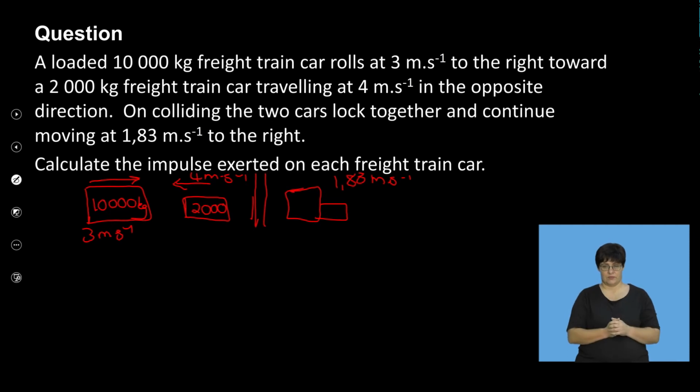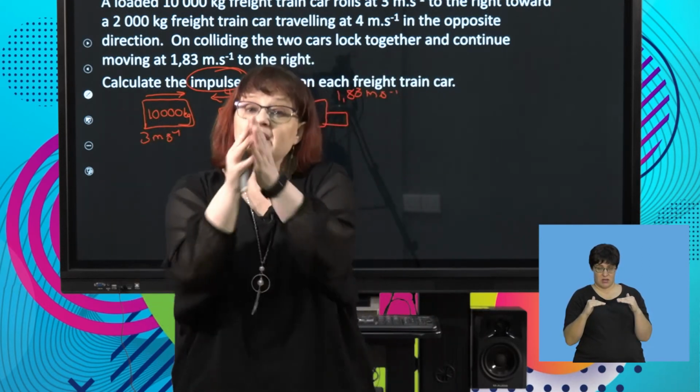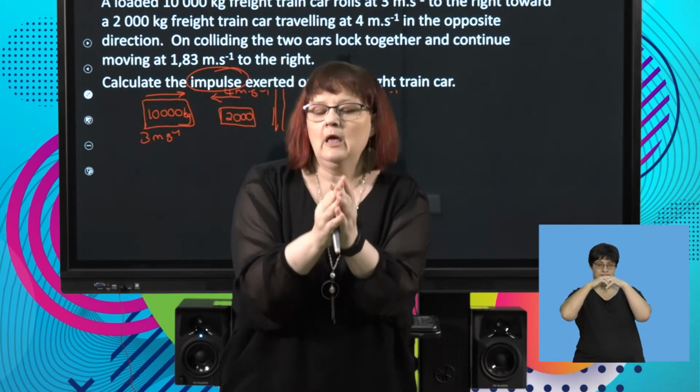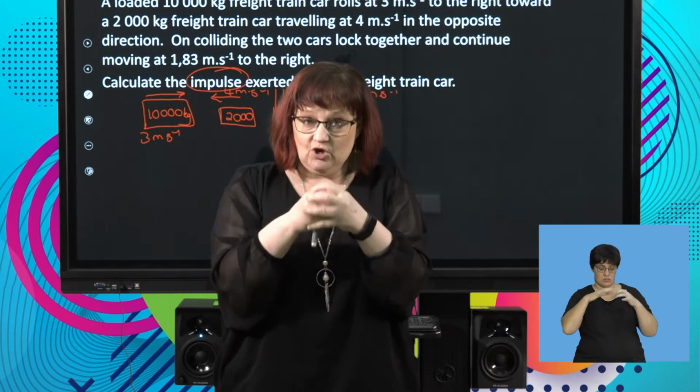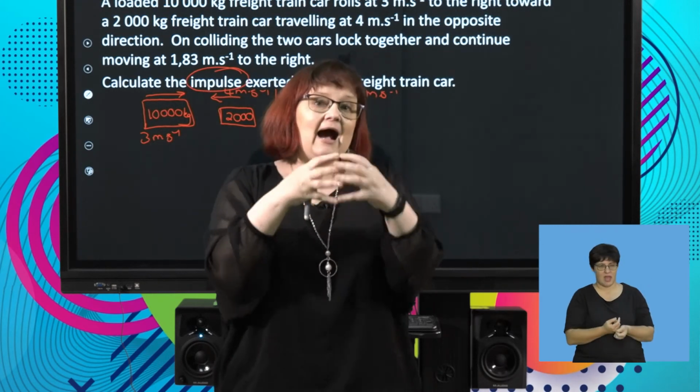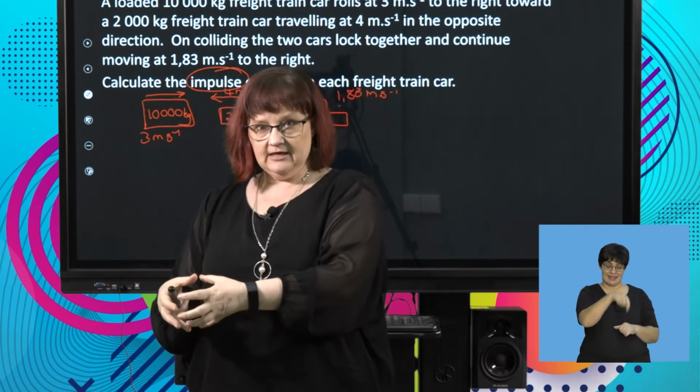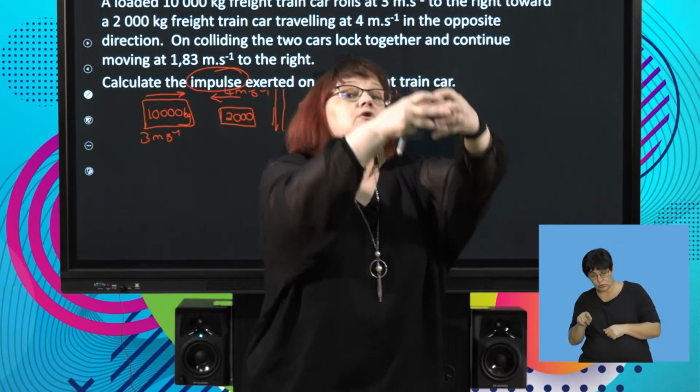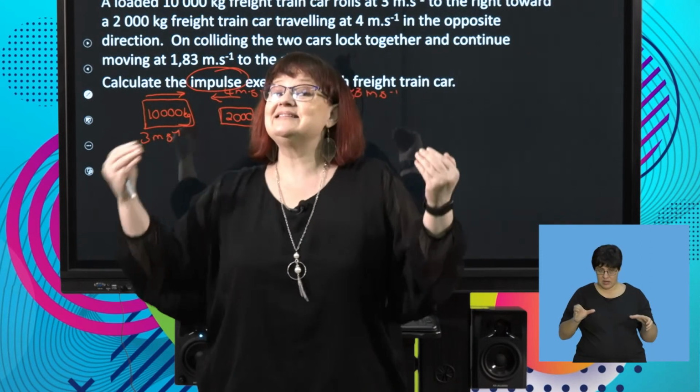Now, I need you to be aware of something. When I calculate the impulse on the freight train cars, I know they stick together, but I'm not going to use the combined mass. I either have to look at the 10,000 kilogram car, or I have to look at the 2,000 kilogram car and then work them out separately.